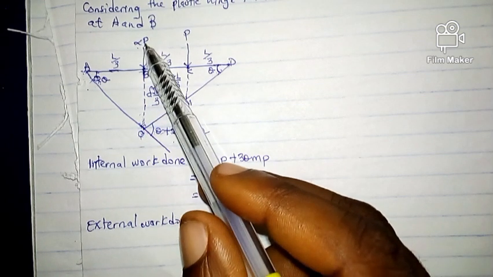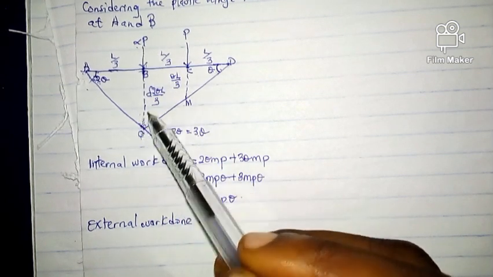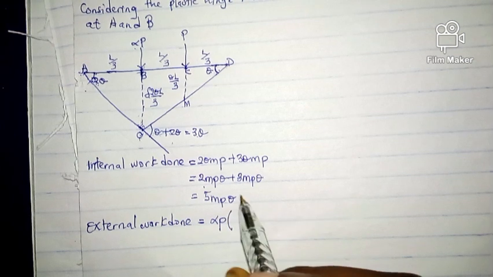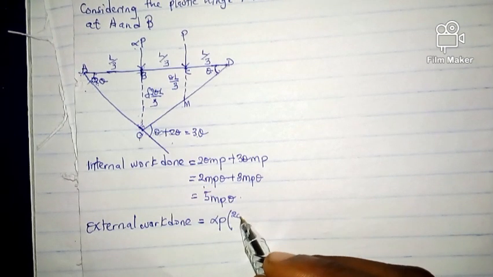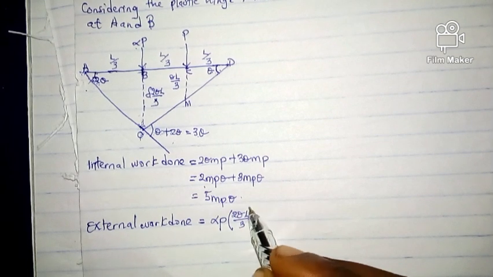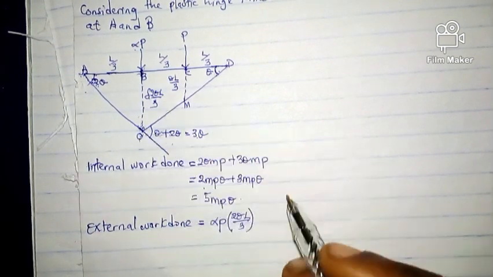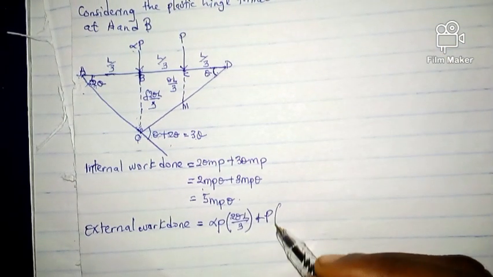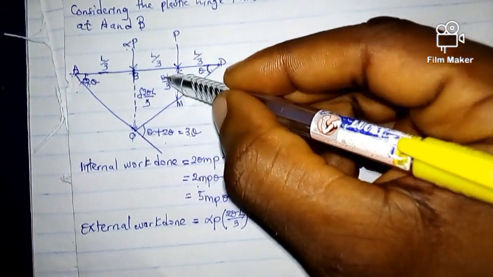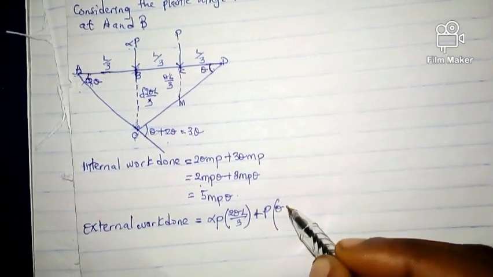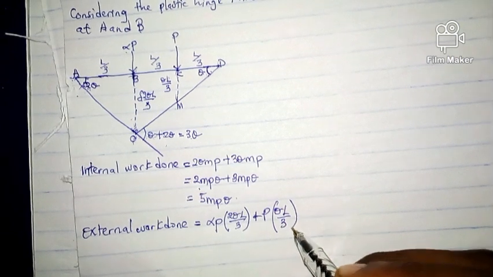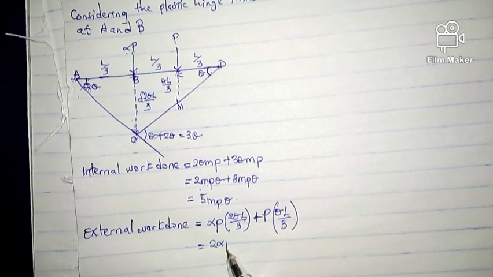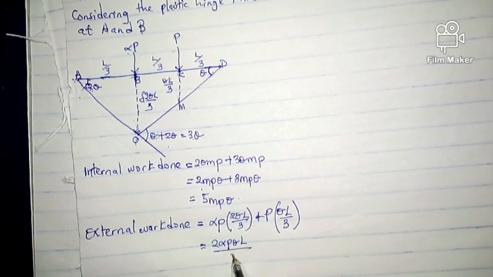So give me alpha P times 2 theta L all over 3, which is our displacement, plus the load P times vertical displacement theta L all over 3. Now we multiply, we have 2 alpha P theta L all over 3 plus theta P L all over 3.